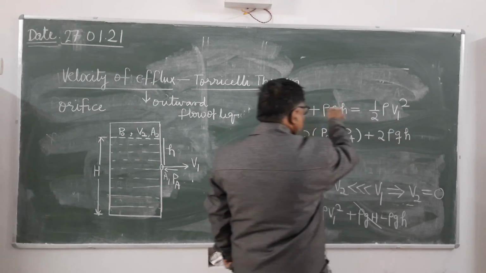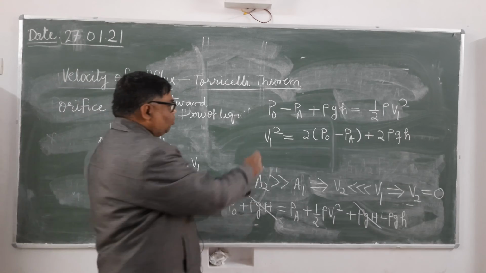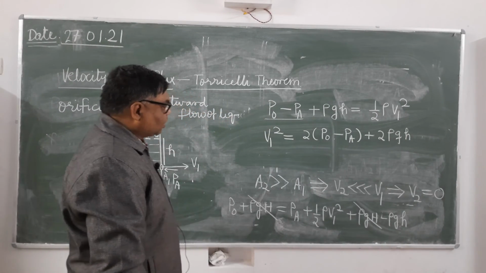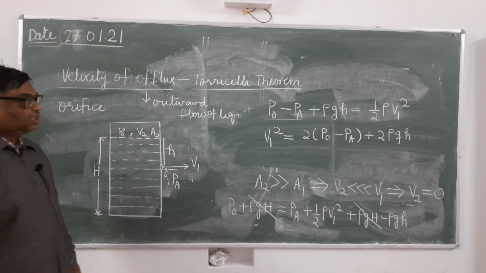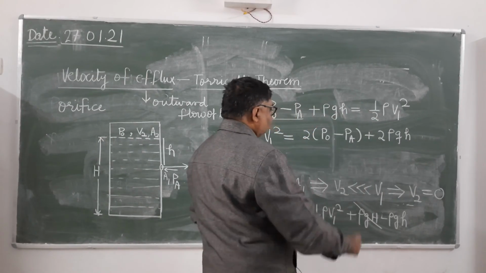You can see once again, you multiply each term by 2. So when you multiply, it becomes 2 times P naught minus PA, where P naught is the pressure acting at the top surface, and it becomes 2 rho gh, and from here 2 will vanish.